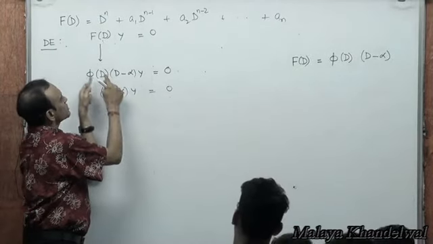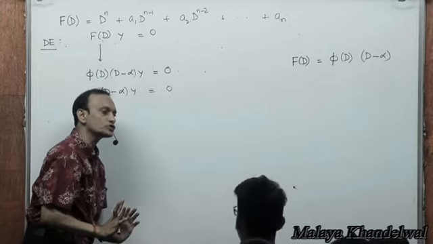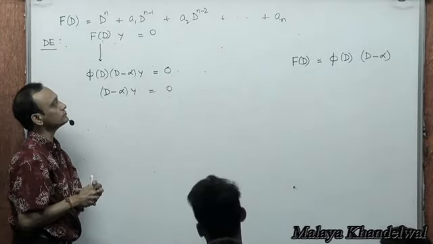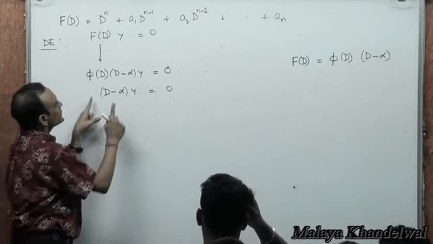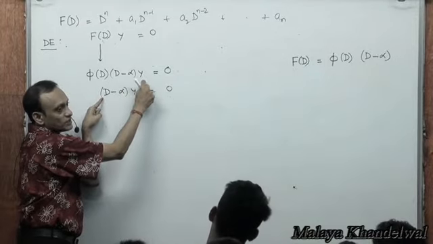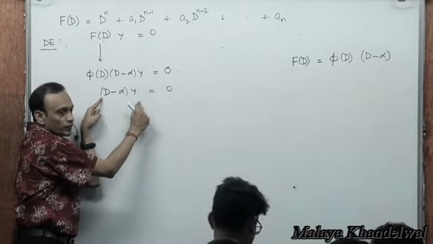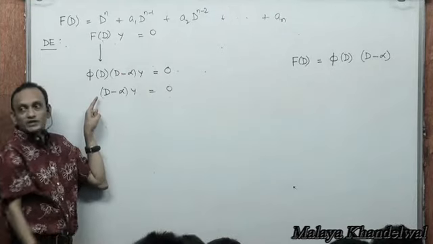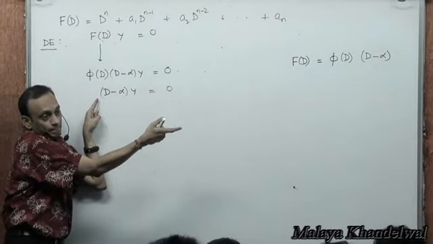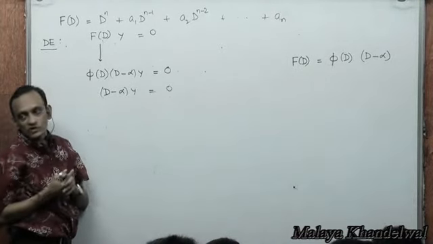The output of this is acted upon by phi(D) and the output produced is 0. So this equal to 0 will give me one possible solution to this differential equation. If a certain y causes this to be 0, then phi(D) acting on 0 will be 0.